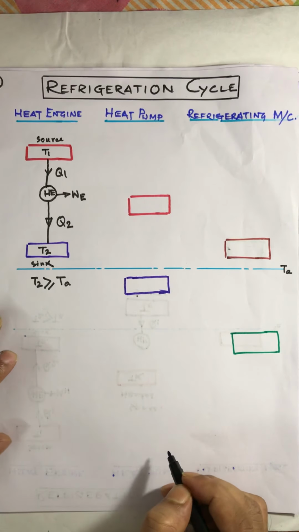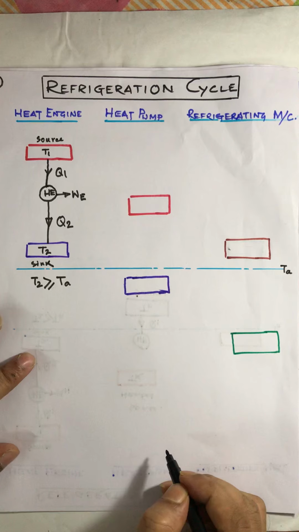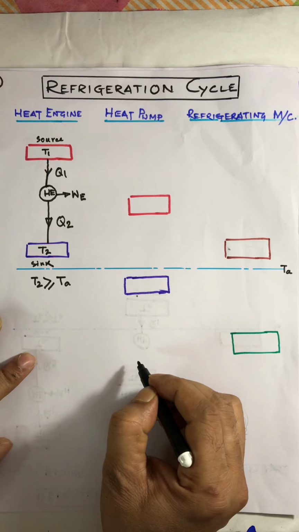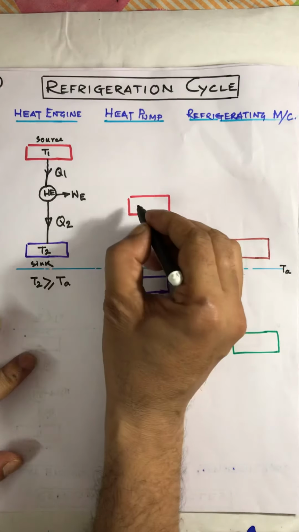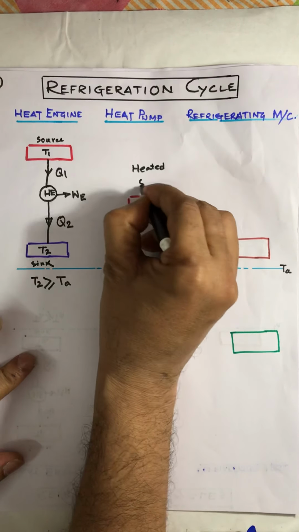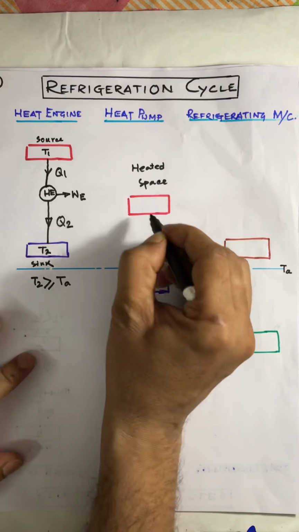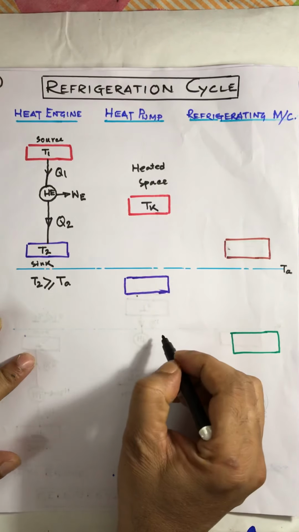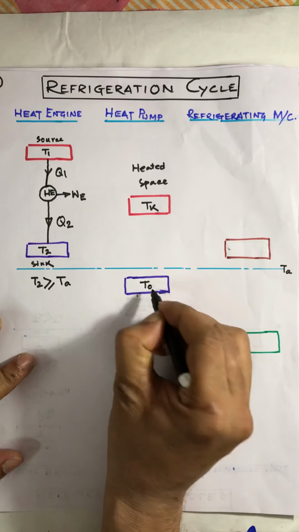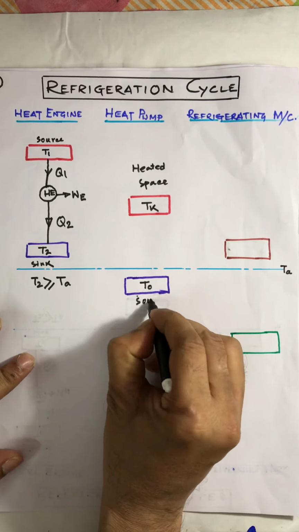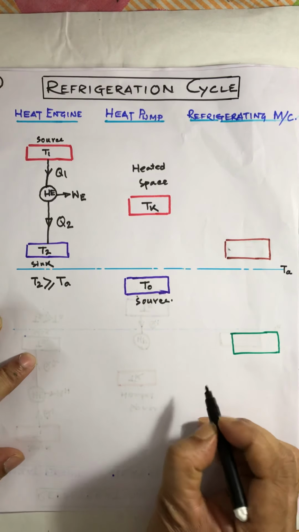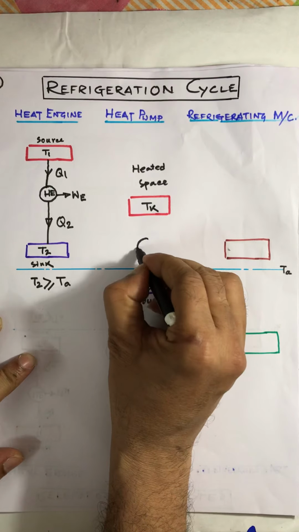Now come to the heat pump. What is a heat pump? A heat pump is the device which will maintain a certain space temperature above the atmospheric temperature. Say this is the heated space of temperature Tk, which is greater than TA, and this is the source temperature T naught. You can say source, because from here the heat will be extracted, and this is the heat pump.